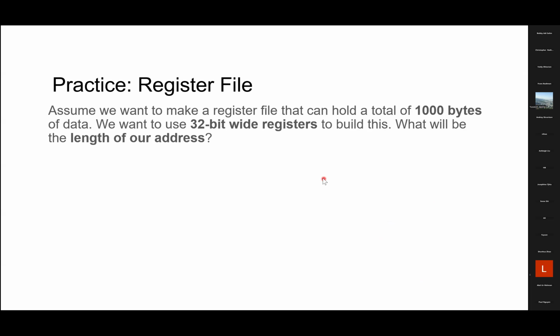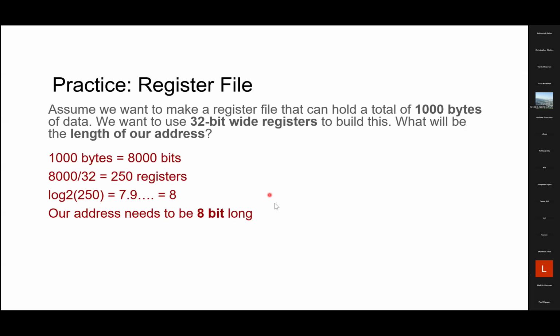All right, I see some answers. Okay, so here it is. First, we want the register file to hold a total of 1000 bytes. So 1000 bytes is equal to 8000 bits because 1 byte is 8 bits. Then we divide these 8000 bits by 32 because that's how much each register unit can hold.